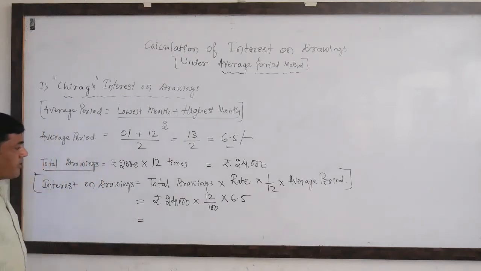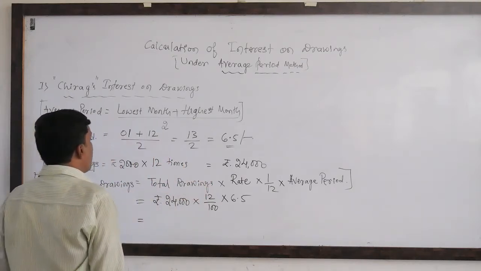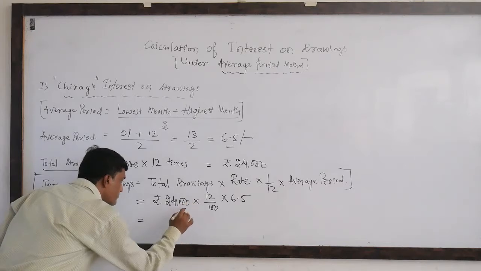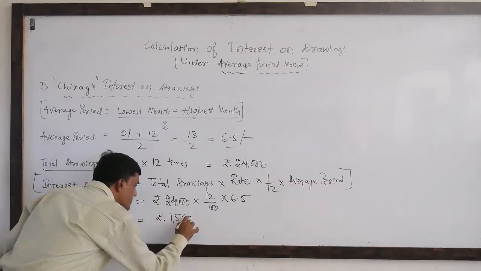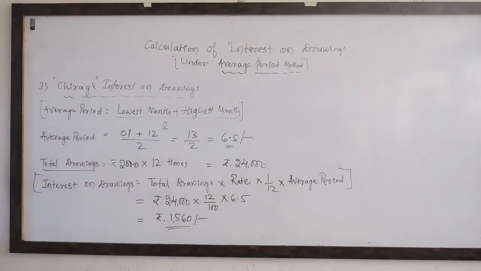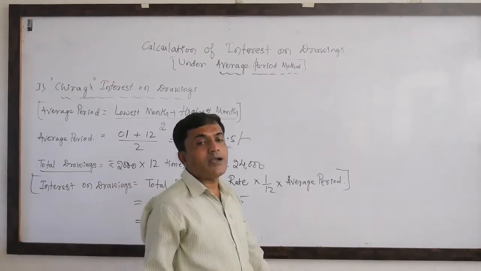The interest on drawings of Mr. Chirag, you can calculate with your calculator, or I can do it manually: rupees 1,560. This is the interest on drawings of Mr. Chirag. Similarly, we need to ascertain the interest on drawings of the other two partners also.